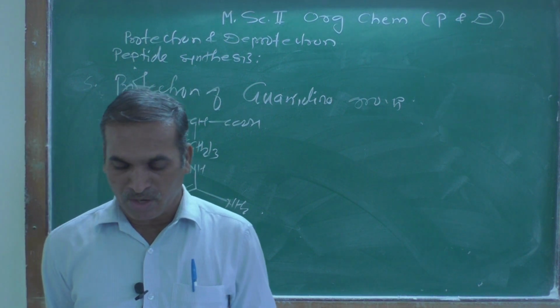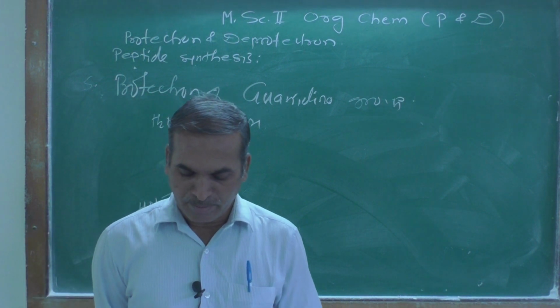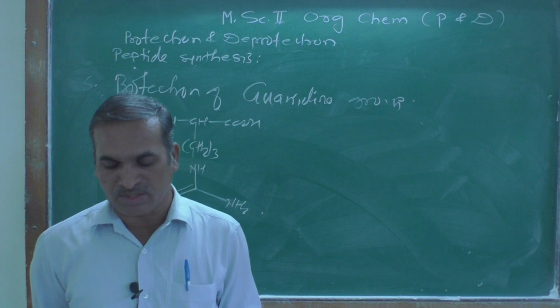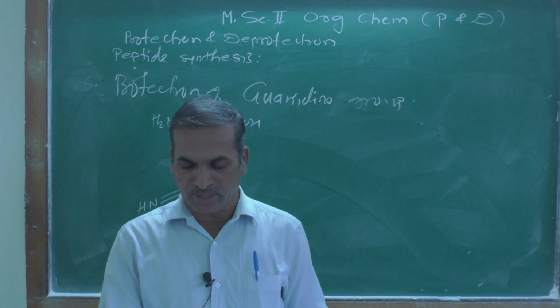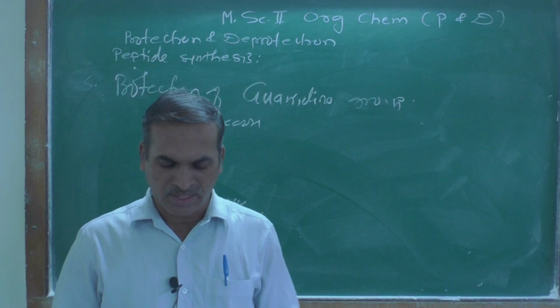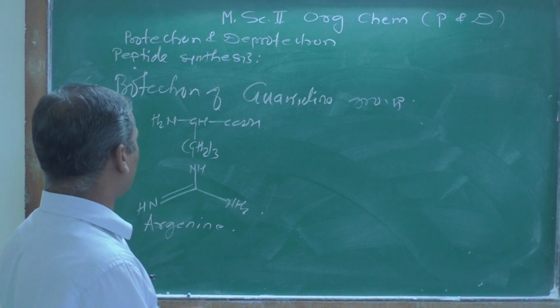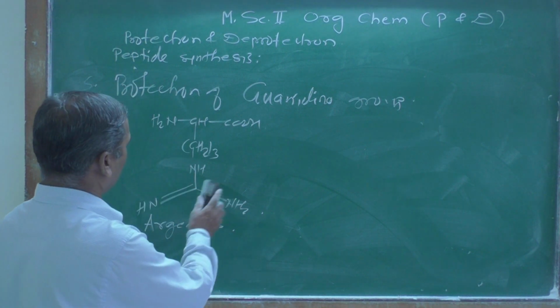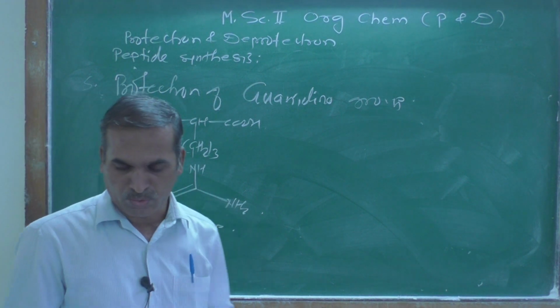Protection of the guanidino group is done by maintaining a pH at which the guanidino group gets fully protonated and protected. In this way we can protect arginine by its guanidino group.